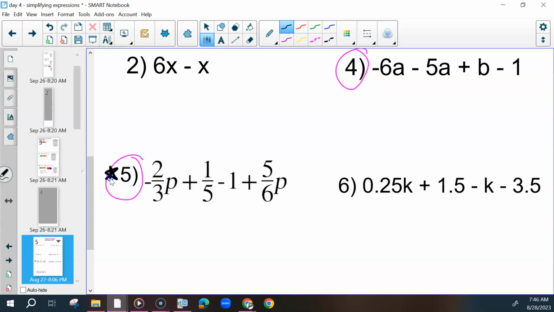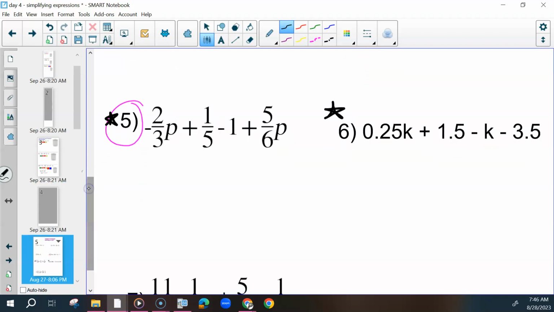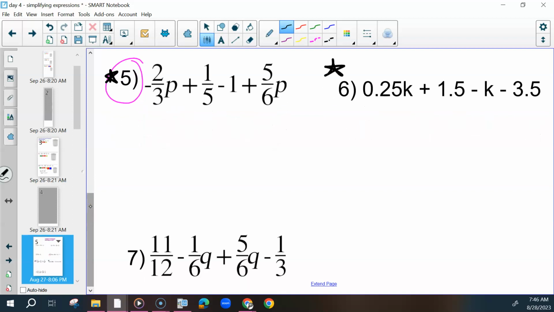Any others? Number 6. I'm going to leave 7 because it's similar to 5, and that's probably going to be the one you guys do. So we have 5, we have 6, any others?